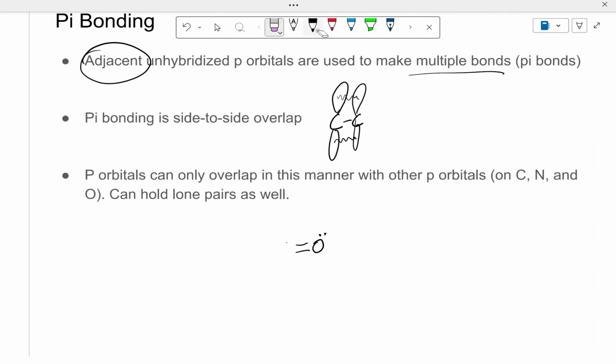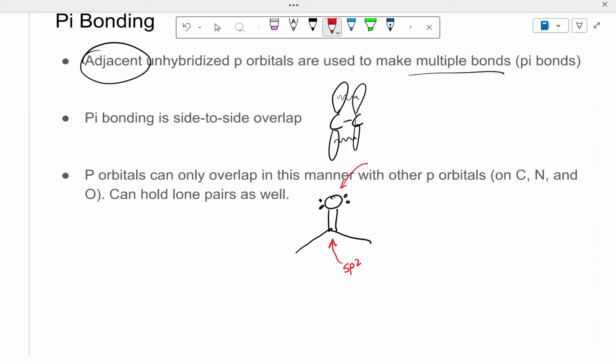Actually, I'm going to draw this. Let's look at this here. And I'm going to focus just on the carbon and oxygen in the middle. This carbon here is sp2 hybridized. It's got three regions of electron density around it.